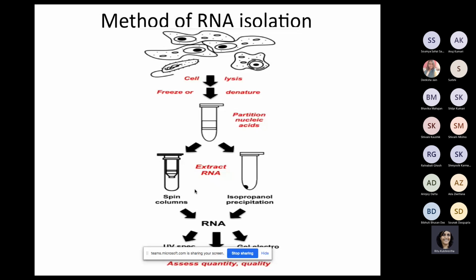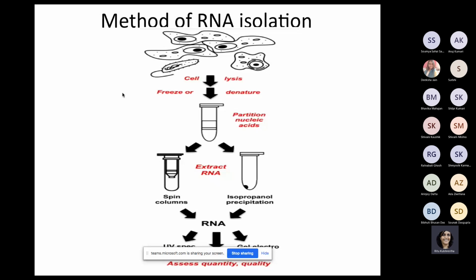So this is the way you can specifically isolate RNA, leaving DNA. So this is the major difference between the two, but otherwise the points are same. You first have to lyse the cells, you have to take care that no proteins are there, so you give phenol chloroform treatment. To ensure that DNA is not there, you reduce the pH while you are isolating RNA, so that DNA doesn't come into the picture.